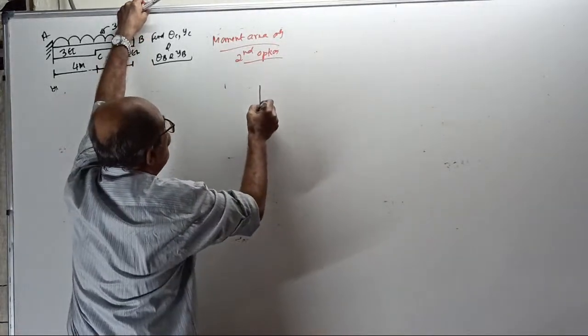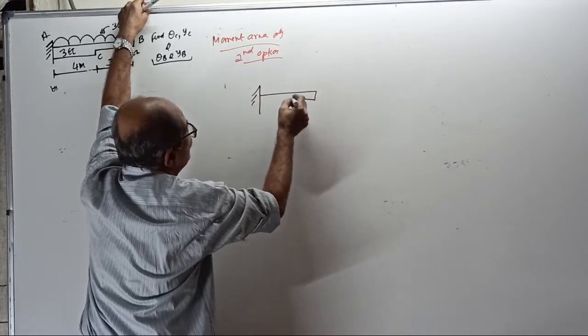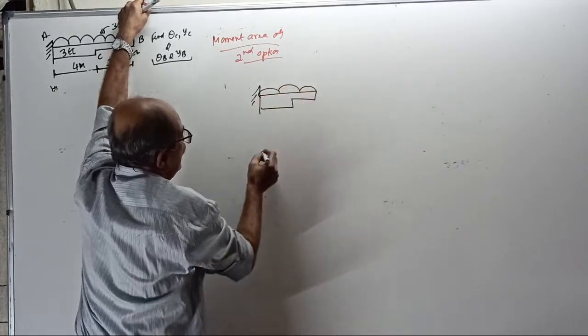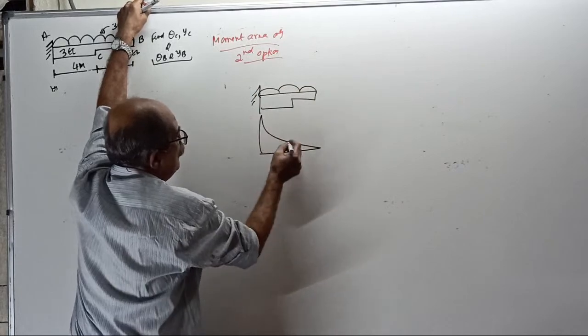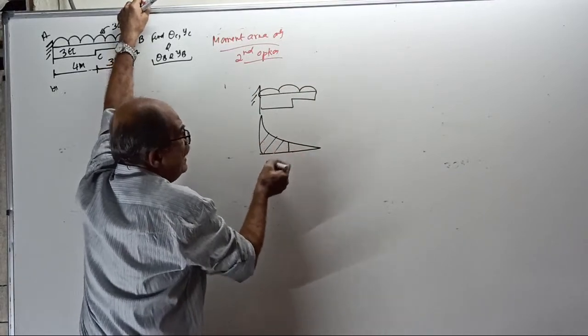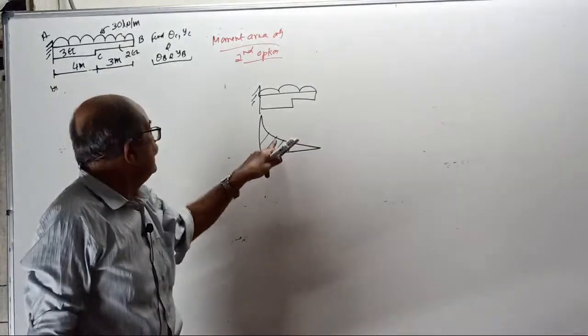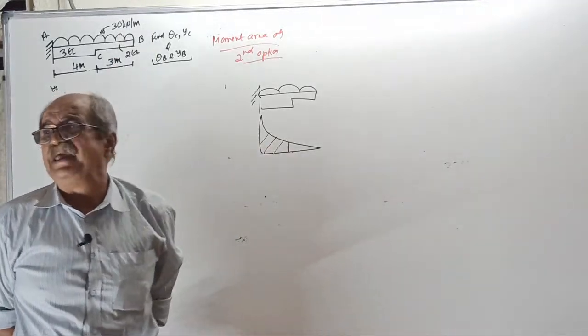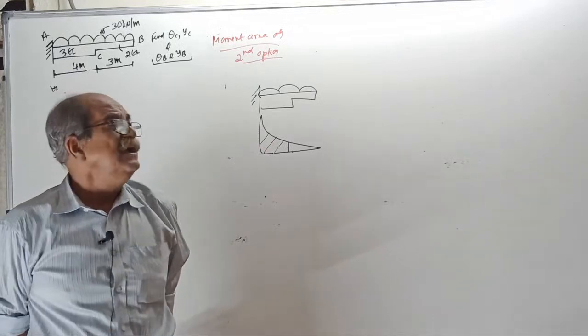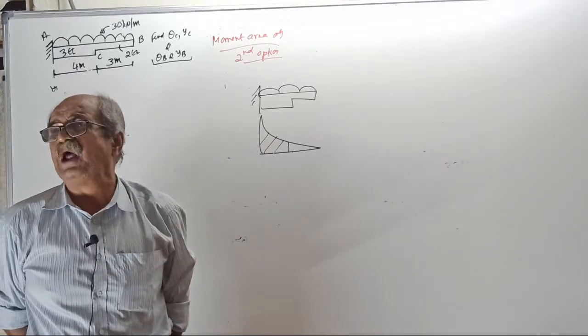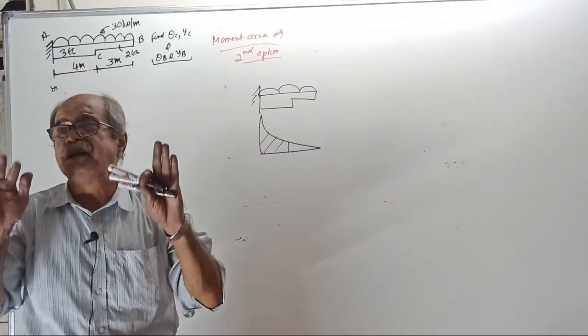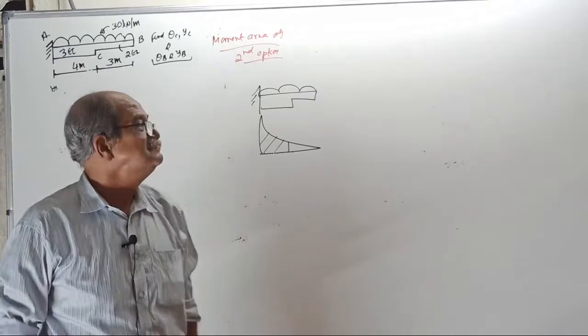When you draw the BMD like this and the BMD comes this way, when you divide this area we cannot apply the formula, and breaking the area bound by a parabola into a rectangle and another parabola is an ultimate mathematical blunder.